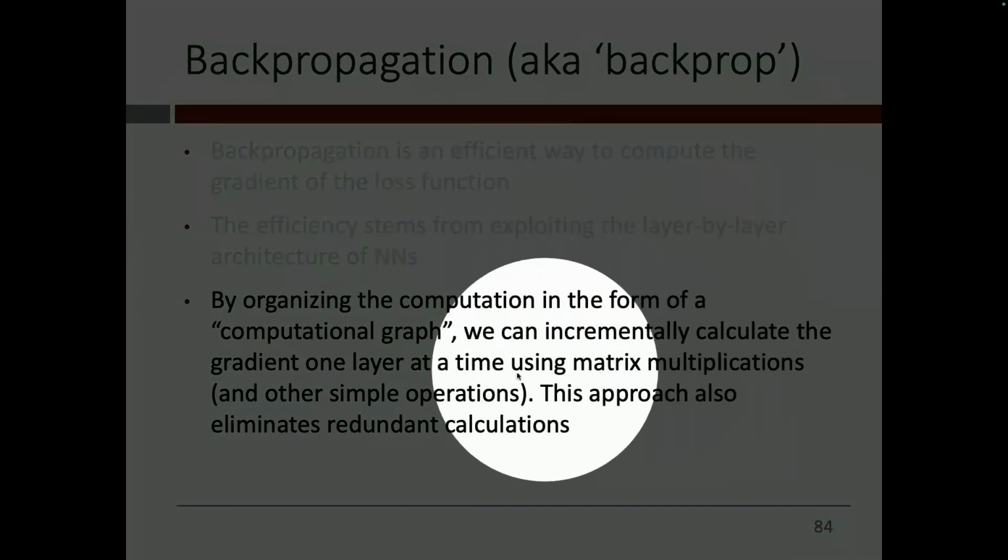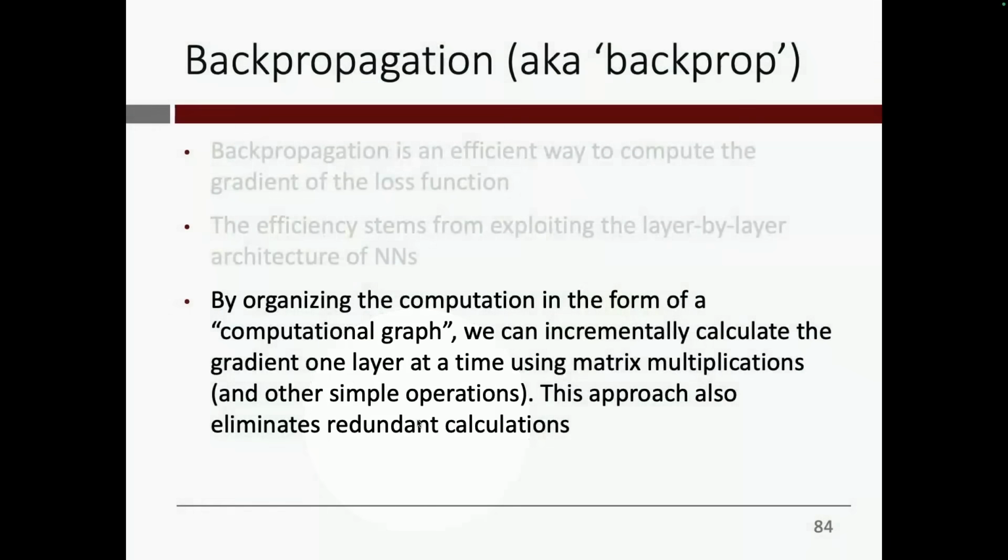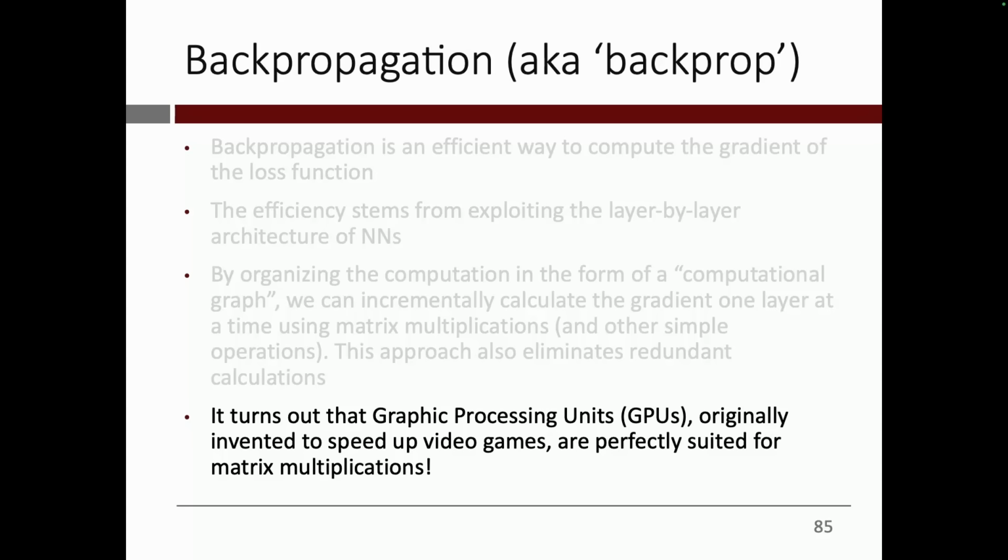The second advantage is that if you organize it this way, it just becomes a sequence of matrix multiplications and eliminates redundant calculations. And best of all, there are these things called GPUs, graphics processing units, originally invented to accelerate video game rendering.